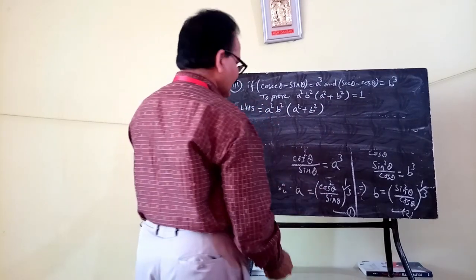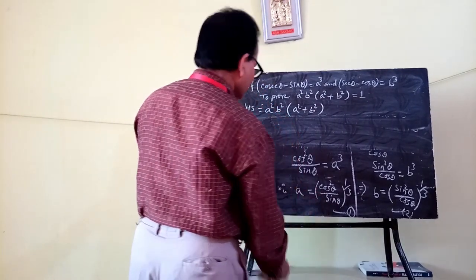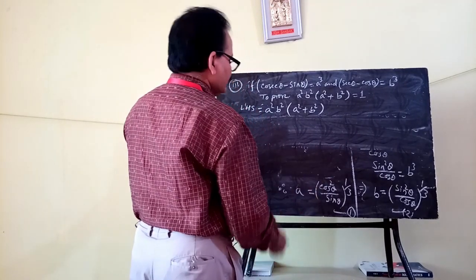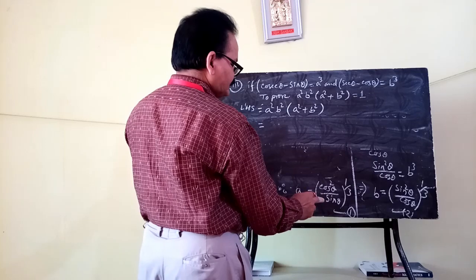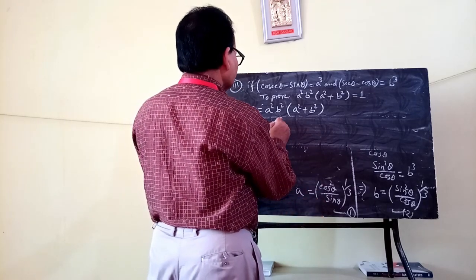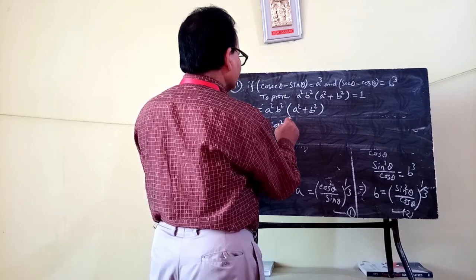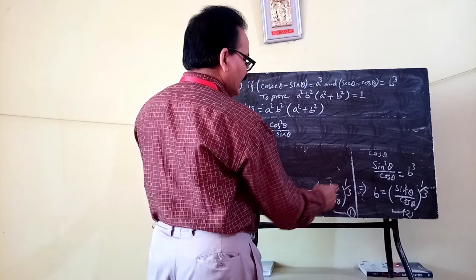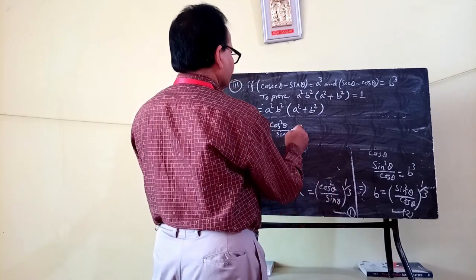So you have to put the value of a, which is cos square theta by sin theta, and whole to the power 1 by 3.